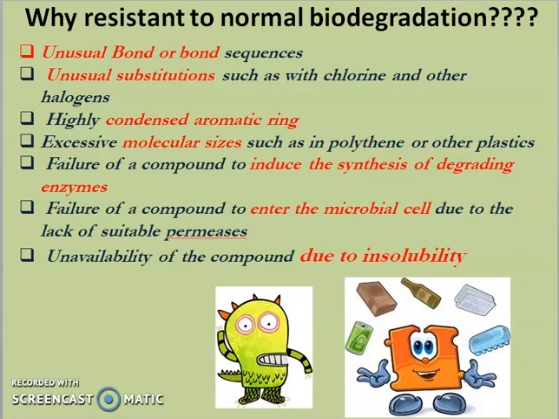This includes the presence of unusual bonds or bond sequences in these compounds, the presence of unusual substitutions such as chlorine or other halogens, the presence of highly condensed aromatic rings, and also excessive molecular sizes such as in polythene or other plastics.